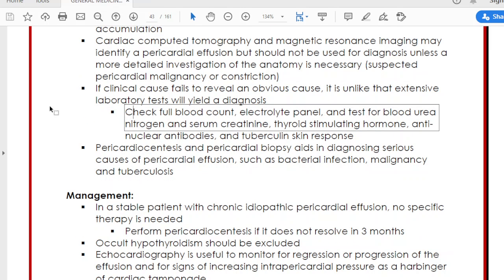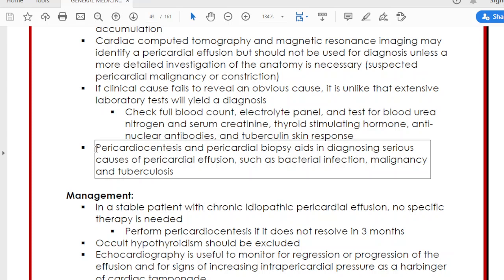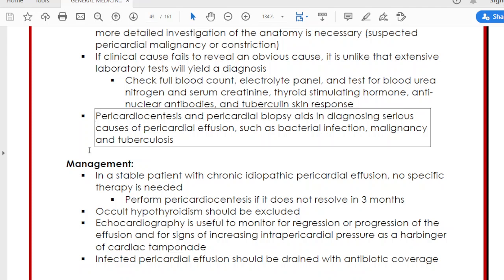Check full blood count, electrolyte panel, blood urea nitrogen and serum creatinine, thyroid-stimulating hormone, anti-nuclear antibodies, and tuberculin skin response.